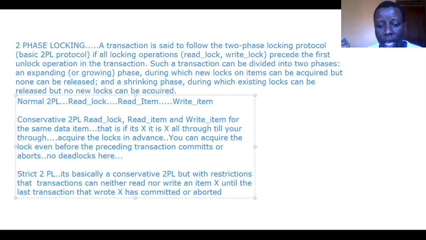Then I'll also share the PowerPoint presentation, and I will share this video with you so that you can look at it and continue with it. The next thing that we shall be looking at after two-phase locking is time-stamp-based protocols, and I will give you the link so that you can access the videos.